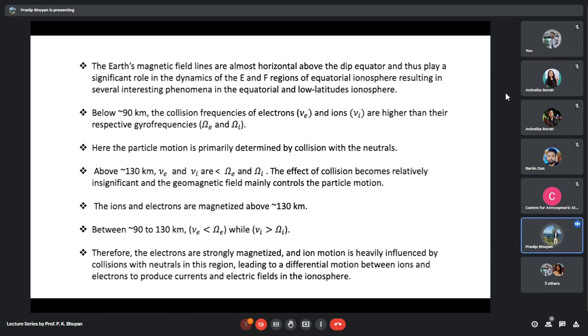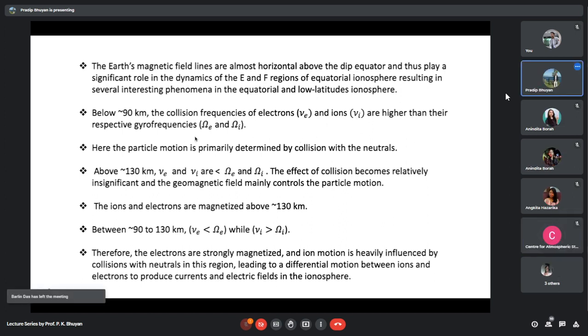These collision frequencies, for electrons I write as nu E, this is not V, and for ions, nu I. Nu E and nu I are higher than their respective gyro frequencies.